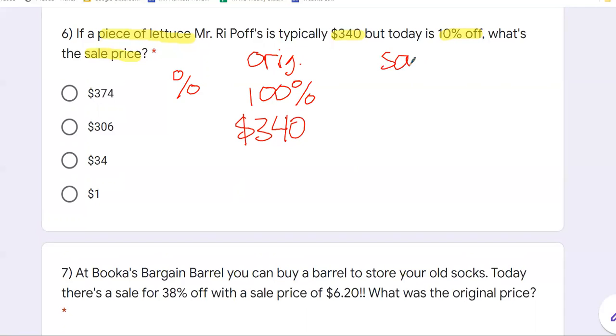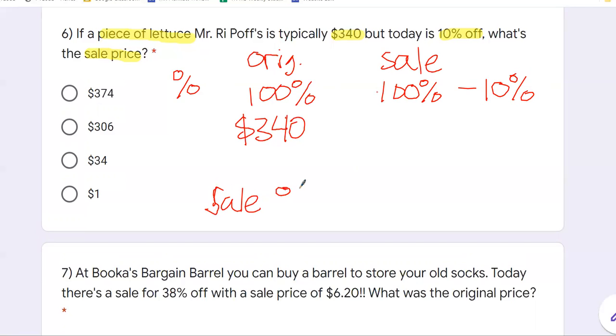So the sale price, instead of being 100%, it's 100% minus the 10% because it's 10% off. And then whatever that new percentage is, or the sale percentage, I guess I should call it, sale percent is going to multiply the original price, and that's going to end up with the sale price.